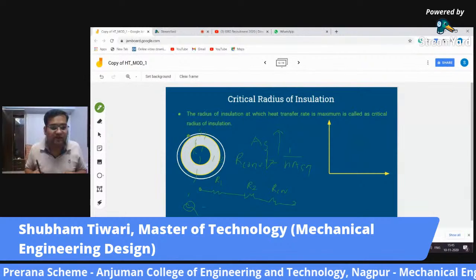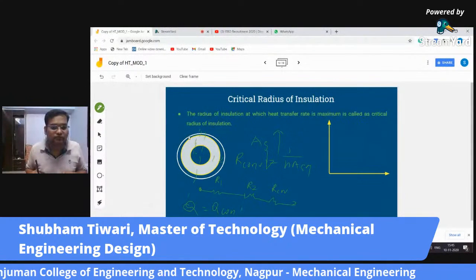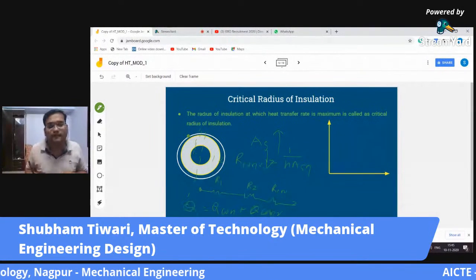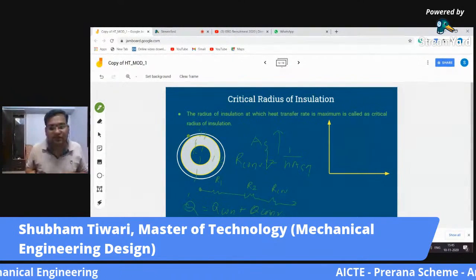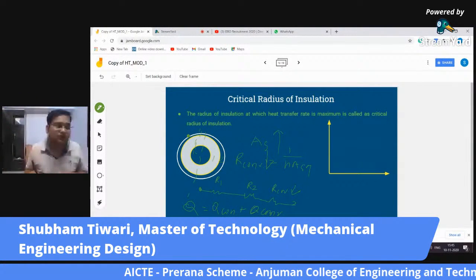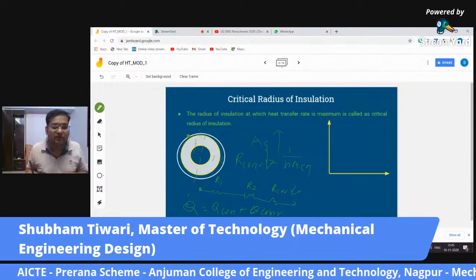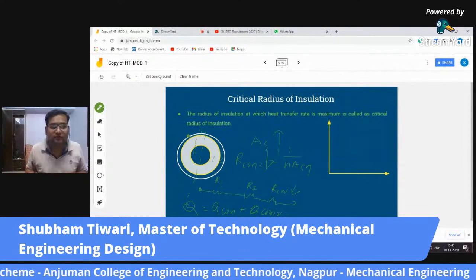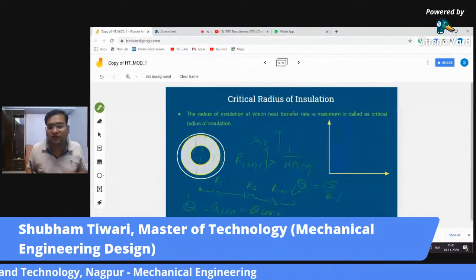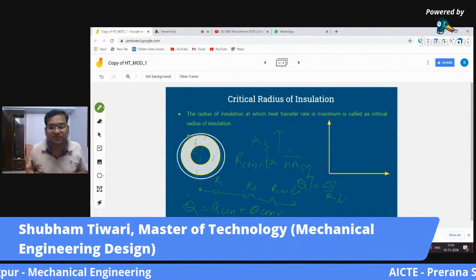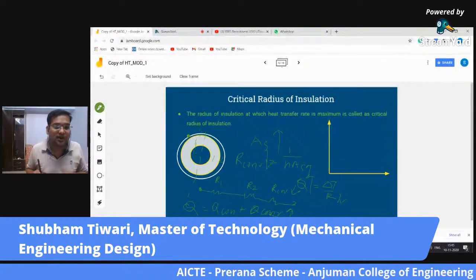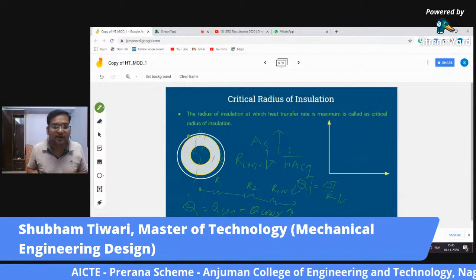So total heat transfer will be Q conduction plus Q convection. Now what is happening here is that R convection is decreasing because we have increased the surface area. We know that Q is equal to delta T by R, so if this decreases, this has to increase. So the convection heat transfer increases, and because of this the heat transfer increases.